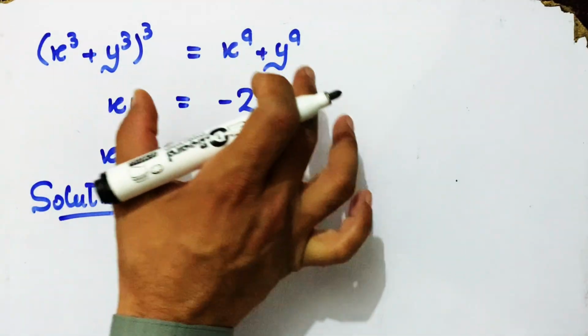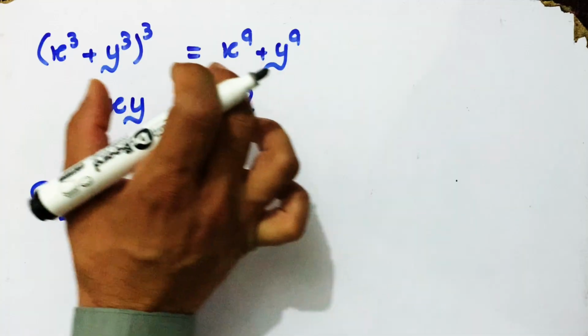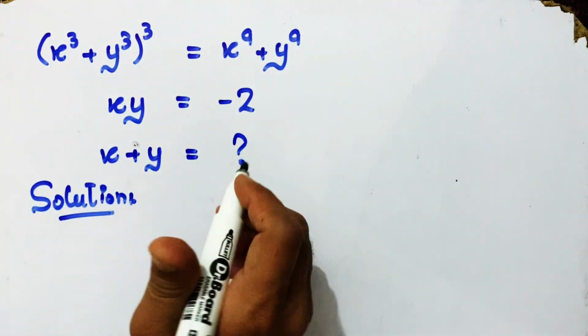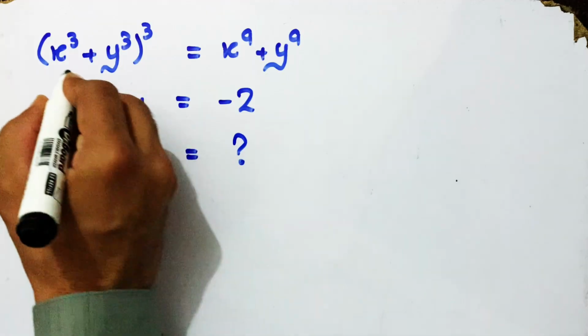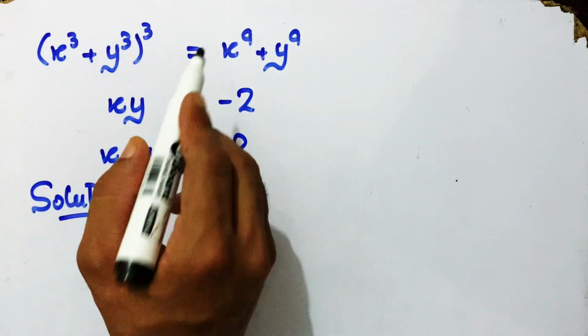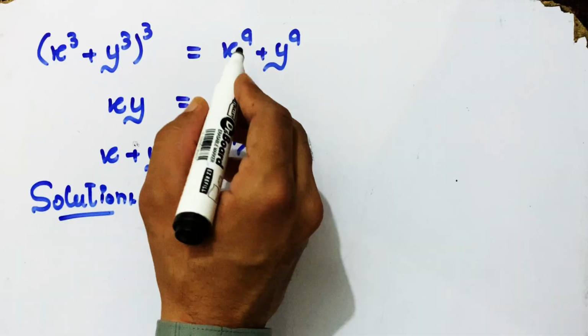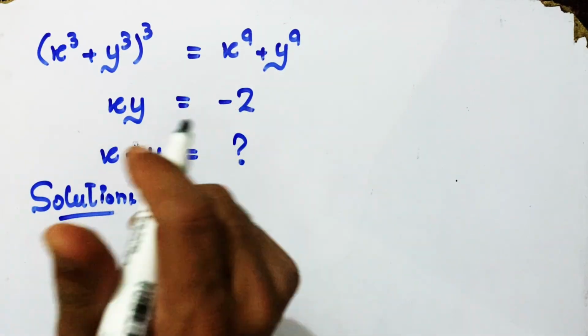We have two equations and two variables to find the solution. It's a very difficult problem, but let's find an easy way to solve it. (x cube plus y cube) whole cube equals x power 9 plus y power 9, and xy equals minus 2.